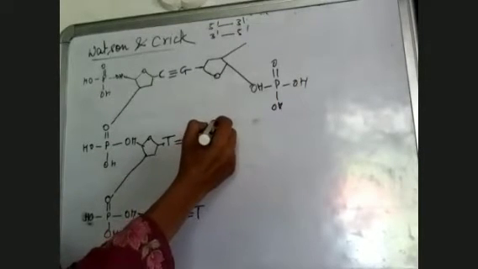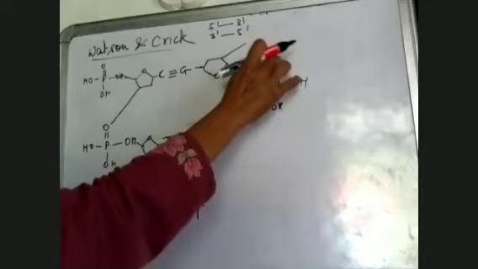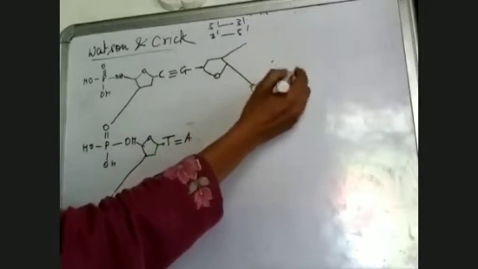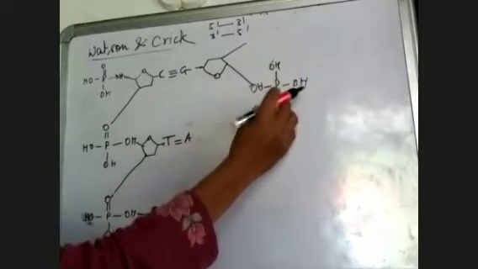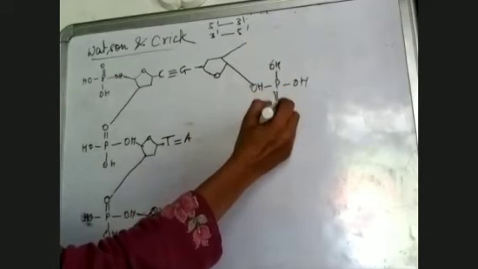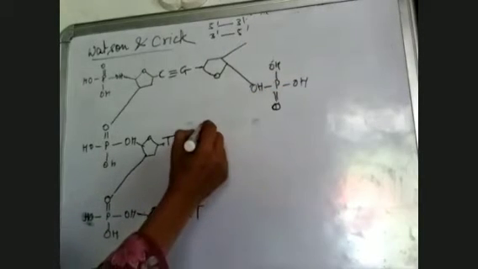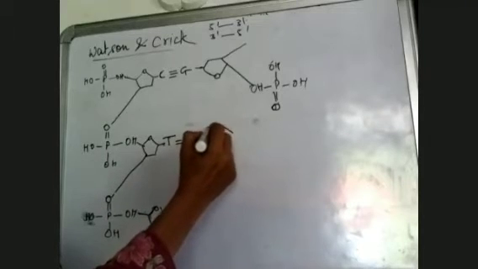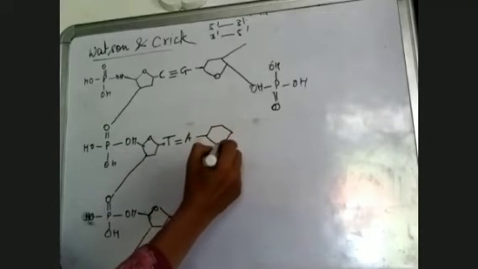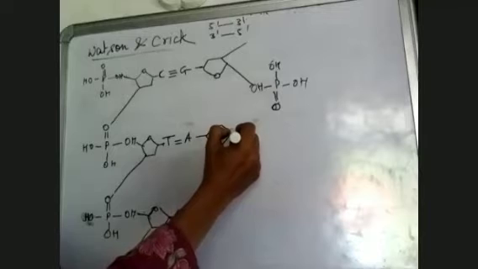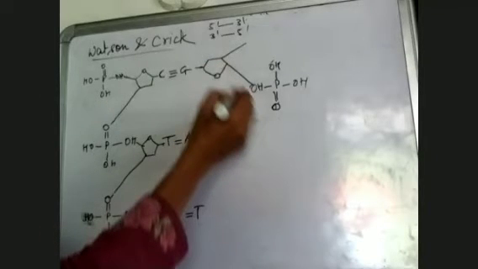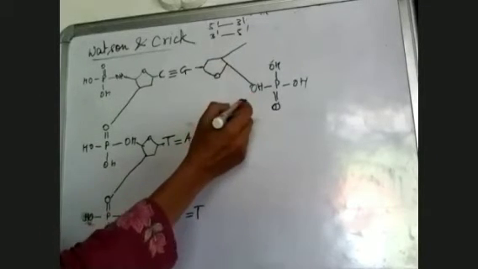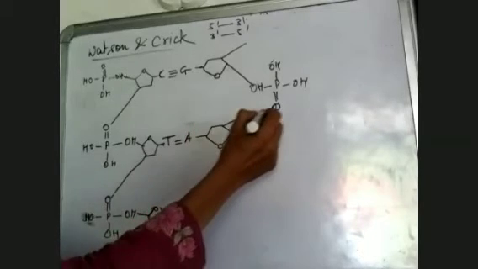Then again here, the inverted structure. 3, 5, then again 3.